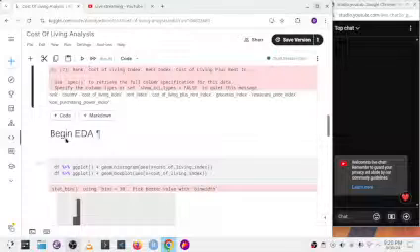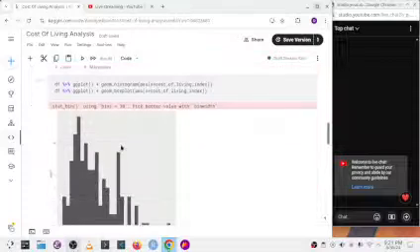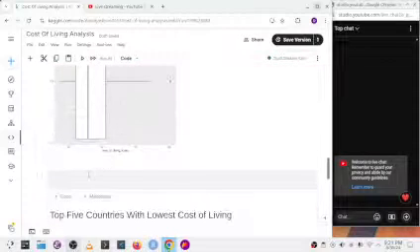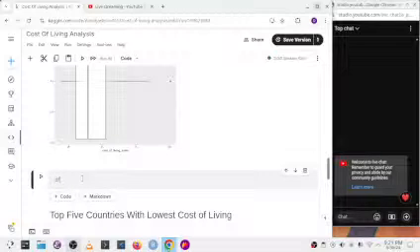We'll come down here, and we're going to look for some correlation between various columns, okay?